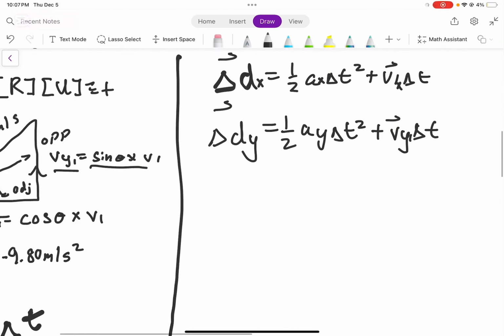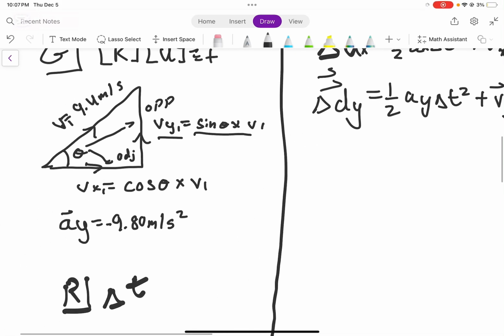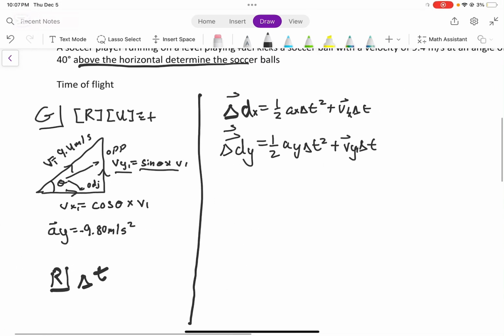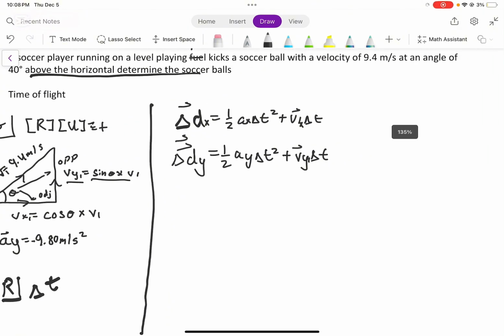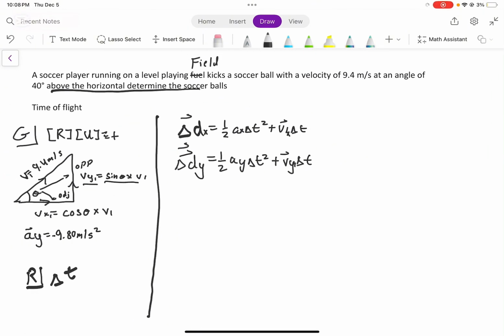And all these things are known. Now, the thing about this question is, something that you can pick up on is, oftentimes when you're working in physics, as you're doing the question, you'll notice that you're able to see pieces of the given that you may not have seen before.